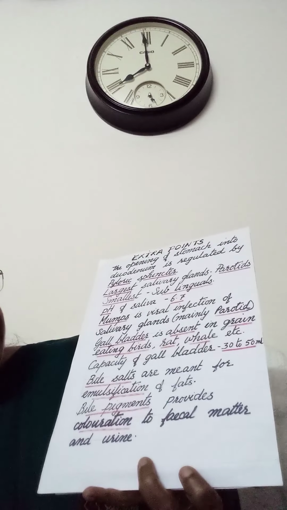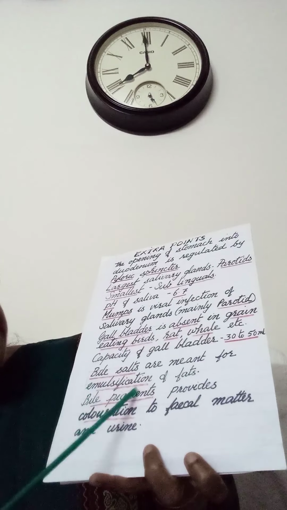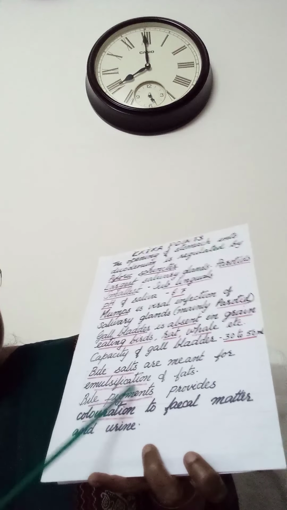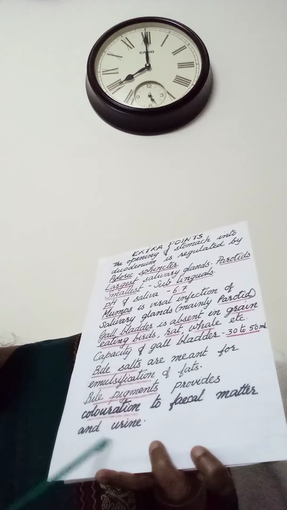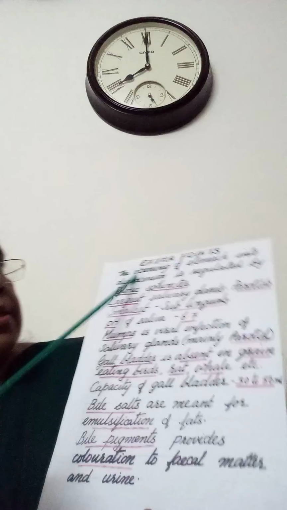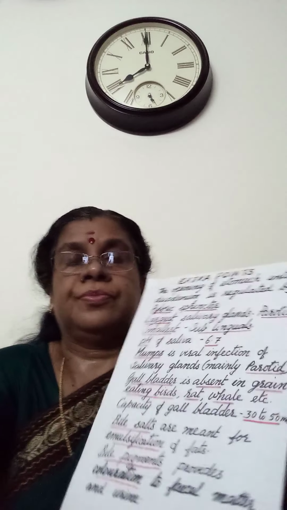Bile salts are present in the bile. Bile salts are meant for emulsification of fats. Emulsification, in Malayalam, panapikkunnu. Bile pigments provide coloration to fecal matter and urine. So these are some extra points.